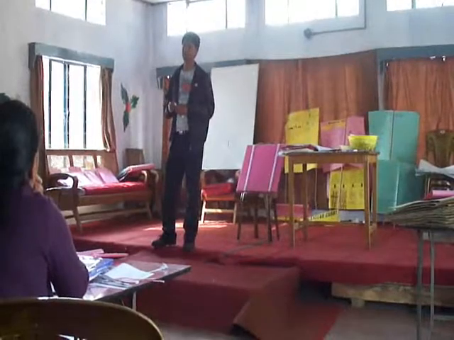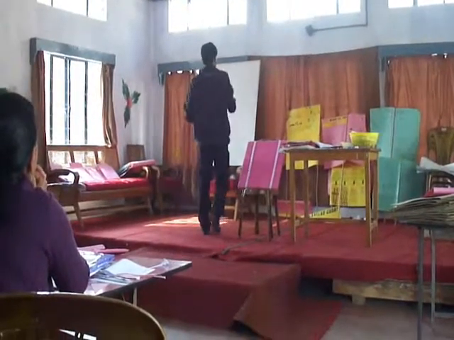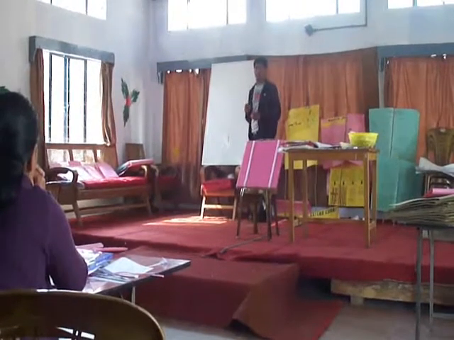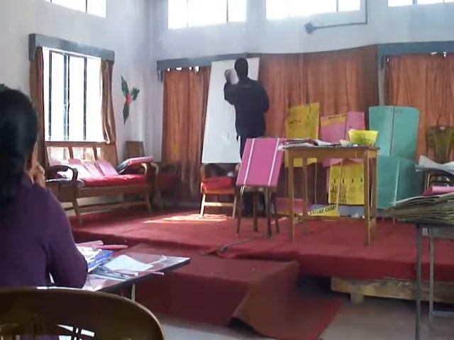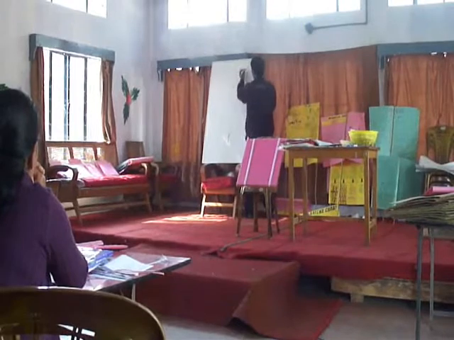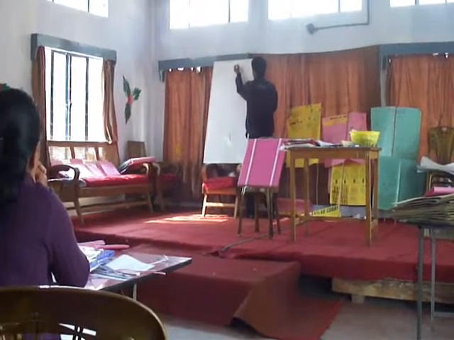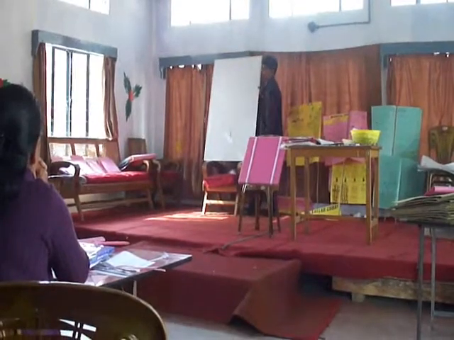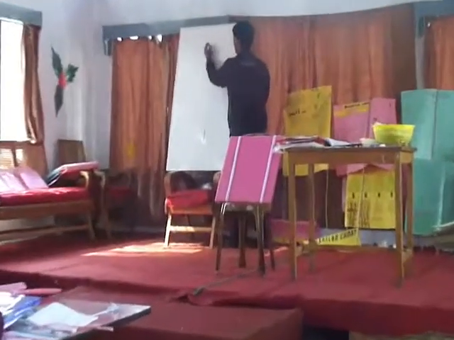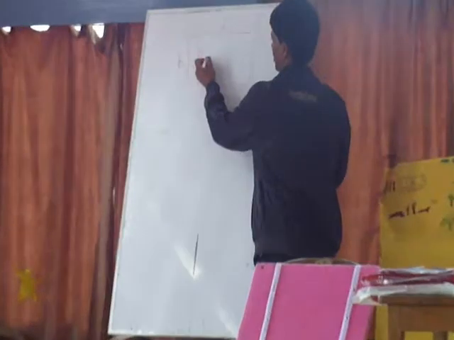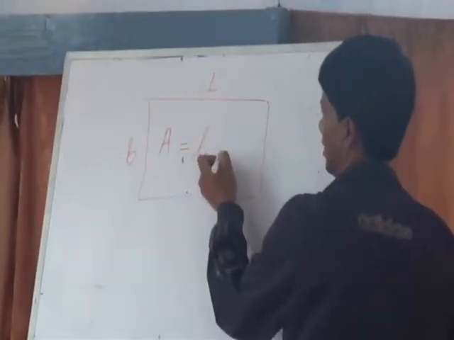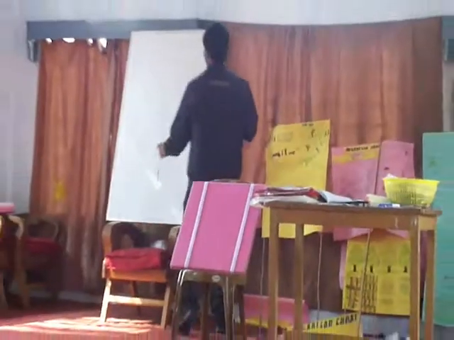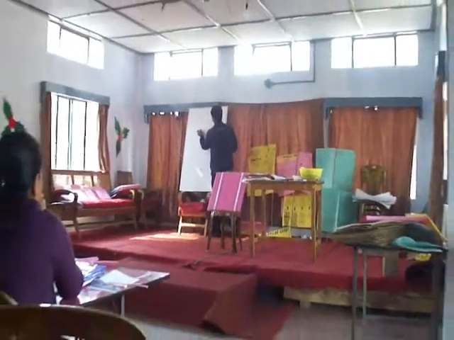Learning by doing. Now, through geometry, for finding the area of, say, a rectangular field where the length is different from the breadth, we know that to find the whole area of this rectangular field, area is equal to length into breadth.